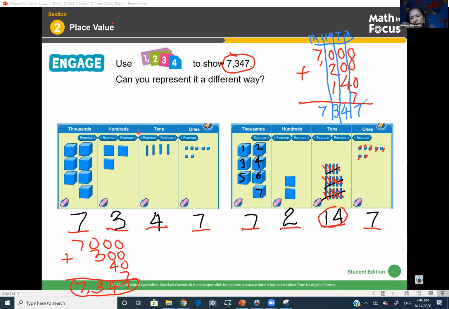So if you notice, 7,347 is the same number that we had before. So when we say 7 thousands, 2 hundreds, 14 tens, and 7 ones still make the number 7,347.